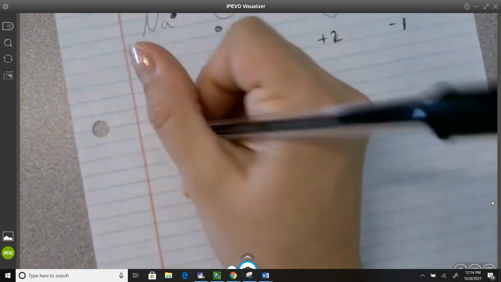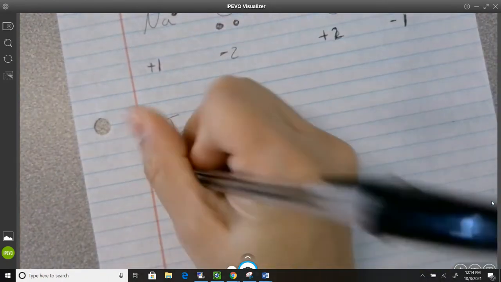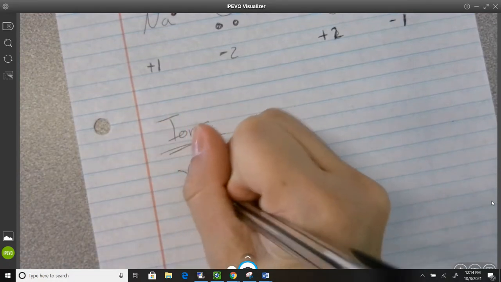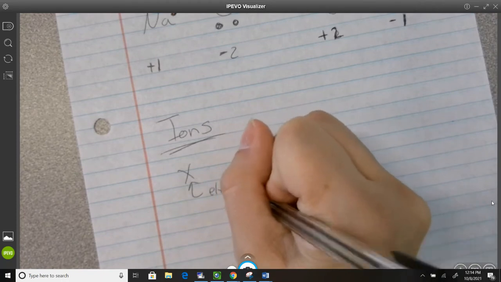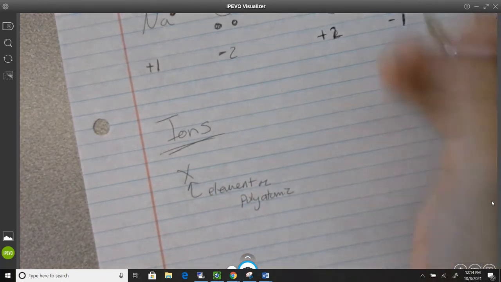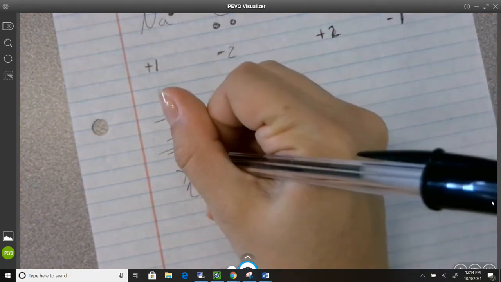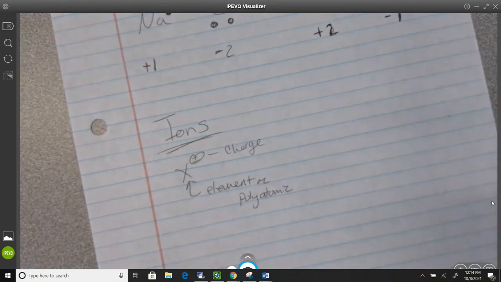So if I'm going to go into my next little bit and I look at ions, ions are going to have either your element or your polyatomic, and then it'll have a charge. Either it'll be positive or negative.